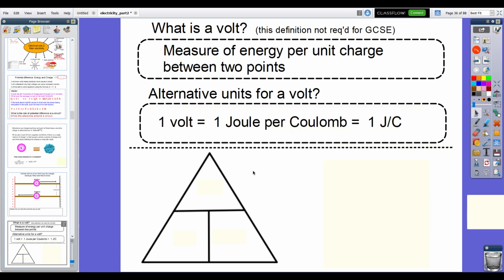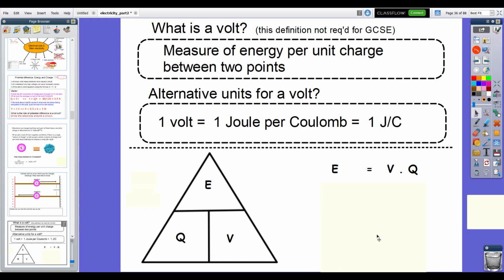The SI unit of potential difference is 1 volt, and that's actually the same as 1 joule per coulomb. We don't normally write that one. It's a bit like the way 1 amp is equal to 1 coulomb per second. So let's have a look at a formula here. We've got E equals QV, or E equals VQ, would be the same. We've got 3 formulas that fall out of this.